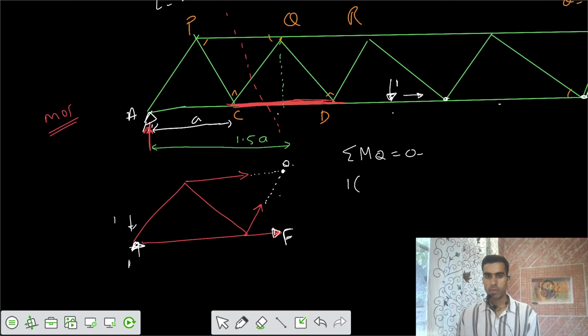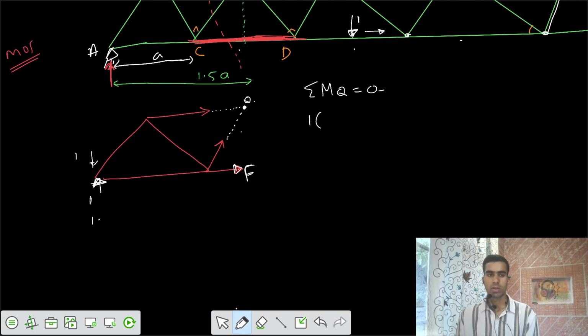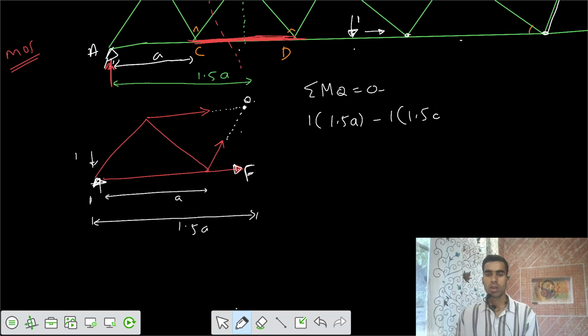Now, if we apply summation of moments at Q equals 0, what would the ordinate value be? This total length is 1.5A, and this is some length of A. Now 1 into 1.5A, then we have one more, again in the anti-clockwise direction, in this way.